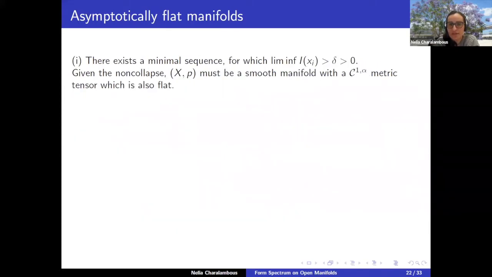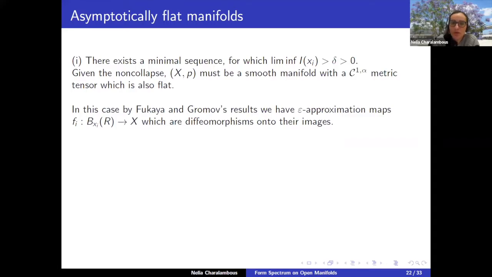The first case, and the simpler one, is the one where this injectivity radius remains bounded below by a positive constant. This is the non-collapsing case. And this is a little bit easier to study because we know that the limit space will now be a smooth manifold with a C^{1,alpha} metric on it, and it will also be flat.